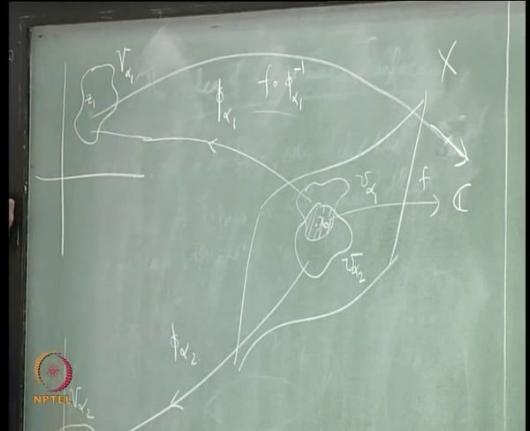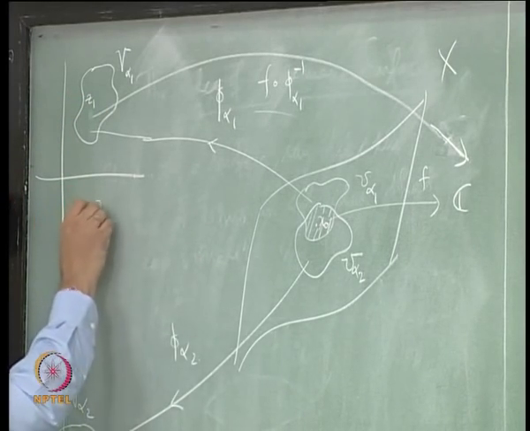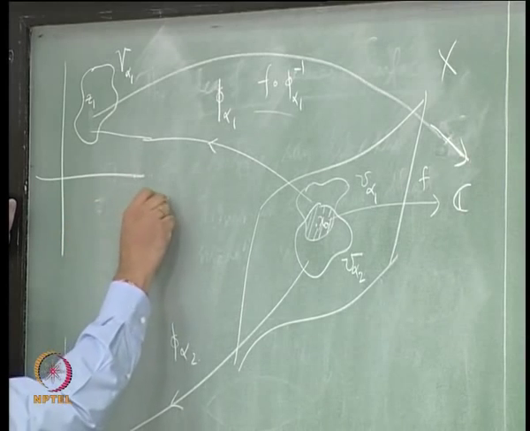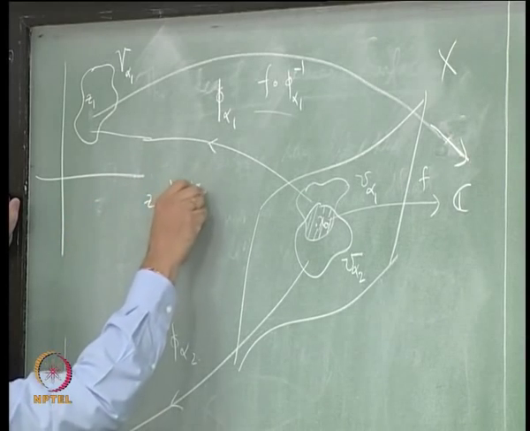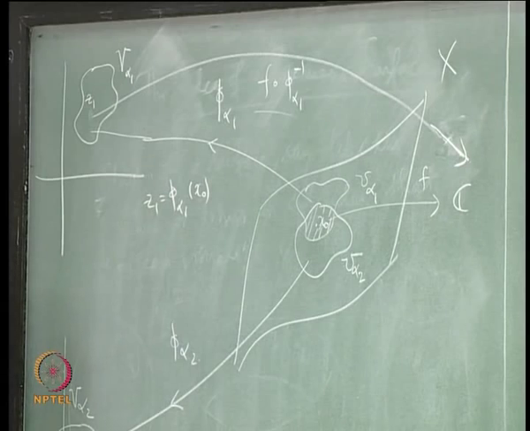Okay, if you want, I will call that z1. And so z1 is phi alpha 1 of x naught.